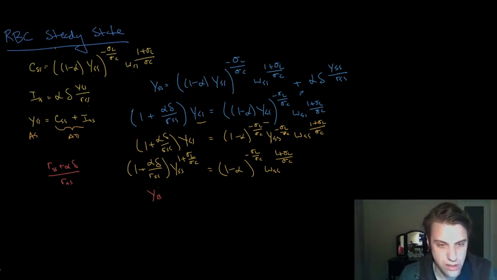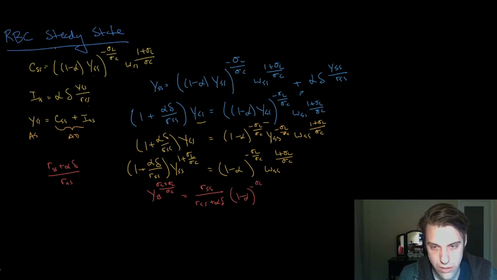I'll write this as (sigma_C plus sigma_L) divided by sigma_C is equal to R_SS over (R_SS plus alpha delta), times (1 minus alpha) to the minus sigma_L over sigma_C, W_SS to the 1 plus sigma_L over sigma_C. And now I raise everything to the inverse of this power.